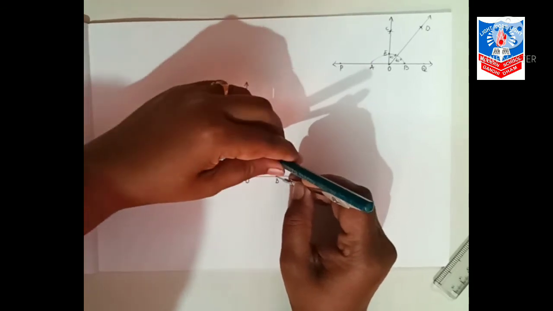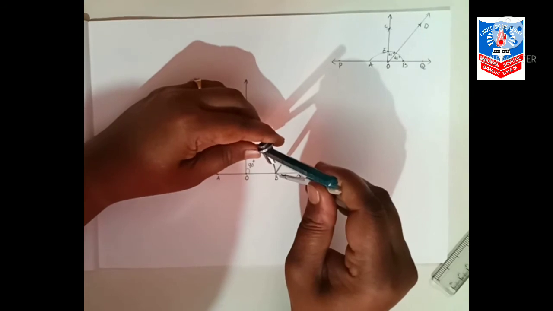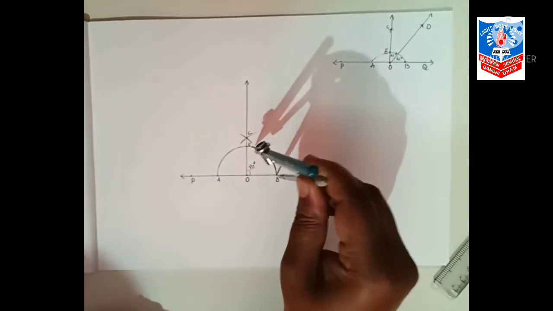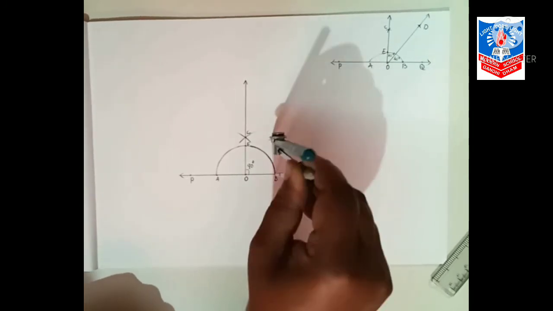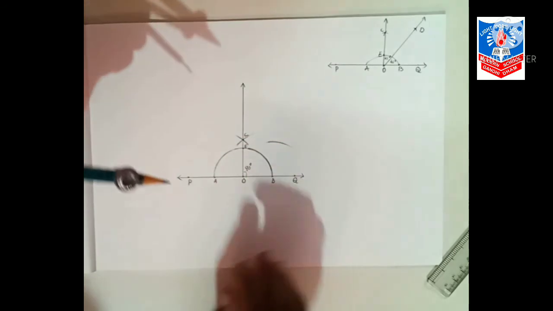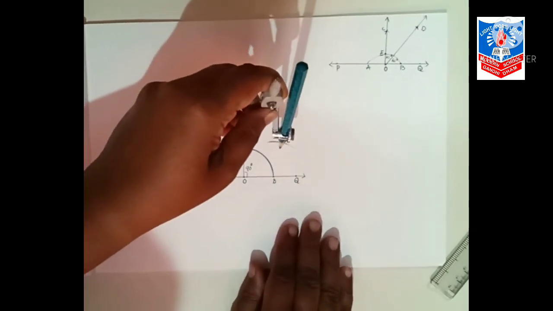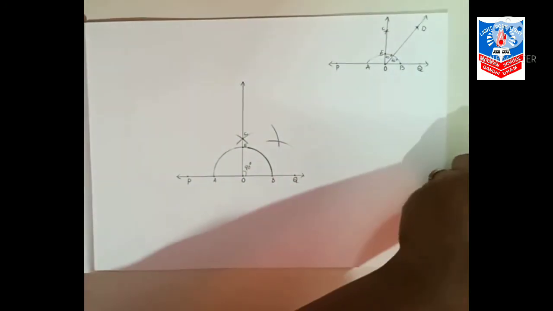With center B and radius more than half of BE, like this way, draw an arc here and with the same radius and center E, cut this arc like this way.